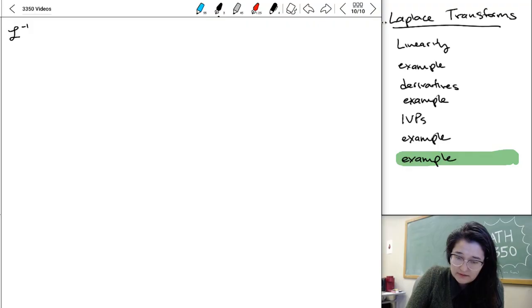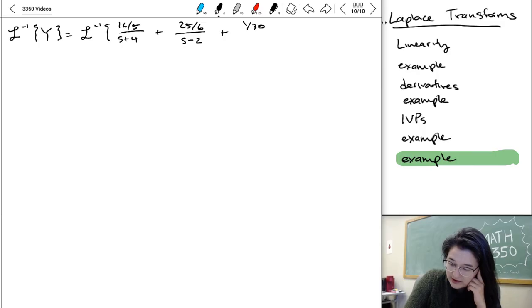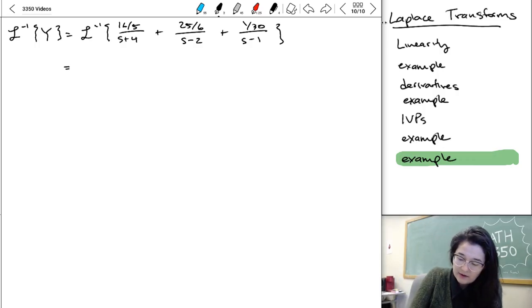But now I'm going to need L inverse of that capital Y, which is L inverse of 16 over 5 over s plus 4, plus 25 over 6 over s minus 2, plus 1 over 30 over s minus 1. And we're going to be doing this by linearity. So we're going to pull out that 16 over 5, think about L inverse of 1 over s plus 4.